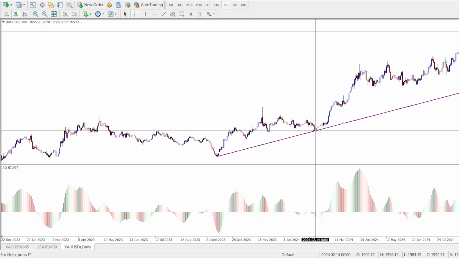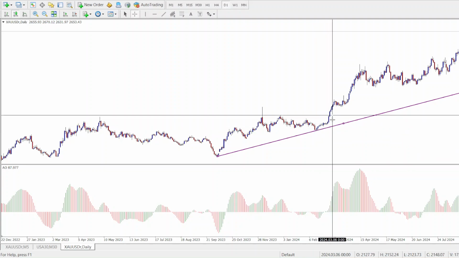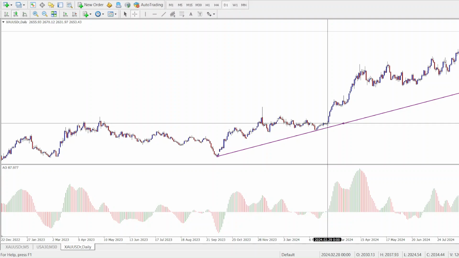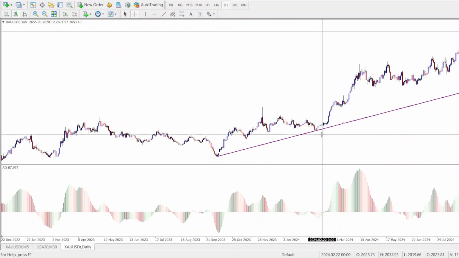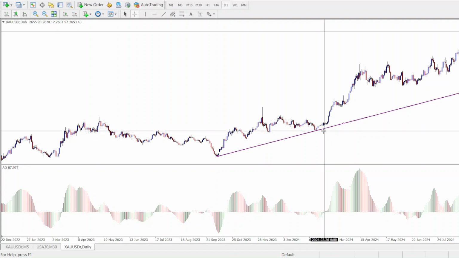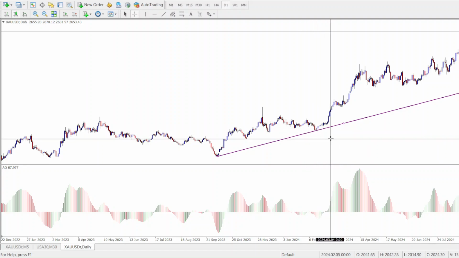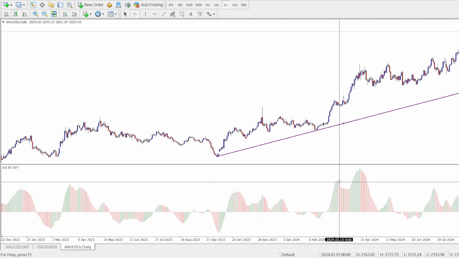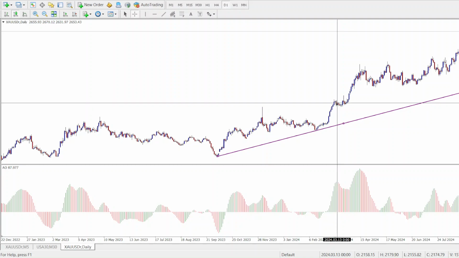So this would have been a confirmation for this buy trade. We would have considered entering a buy trade somewhere around here and then setting our stop loss below this low, right? And then as for our exit, we can wait for a red line to form here, and that means we would have exited our trade around here.